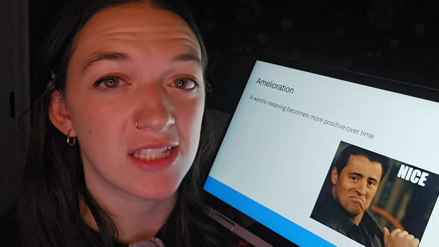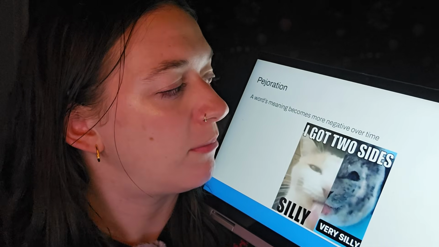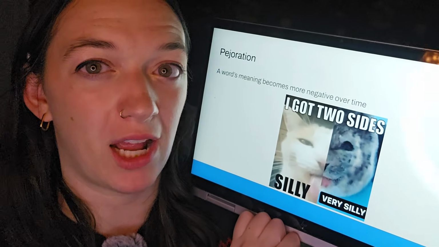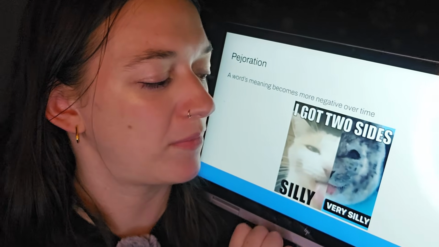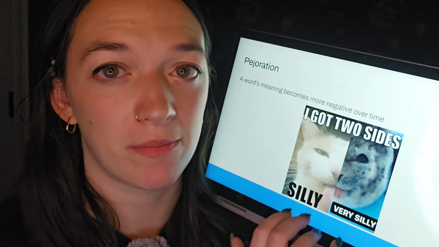Of course, there is the opposite of that as well. Pejoration is when a word's meaning becomes more negative over time. An example of this is the word silly.